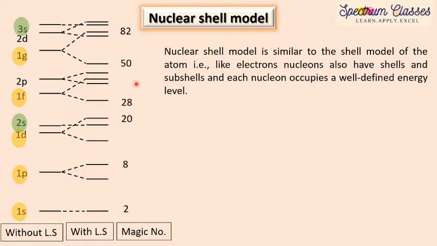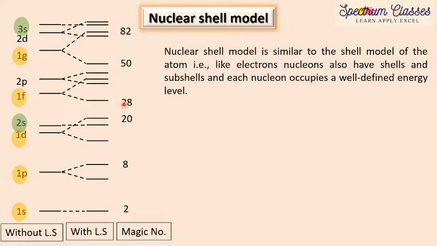We will start with the nuclear shell model. In the starting, it was observed that the nuclei which have both proton and neutron equal to these numbers represented here, or either the proton or neutron equal to these numbers, show extra stability in several experiments.